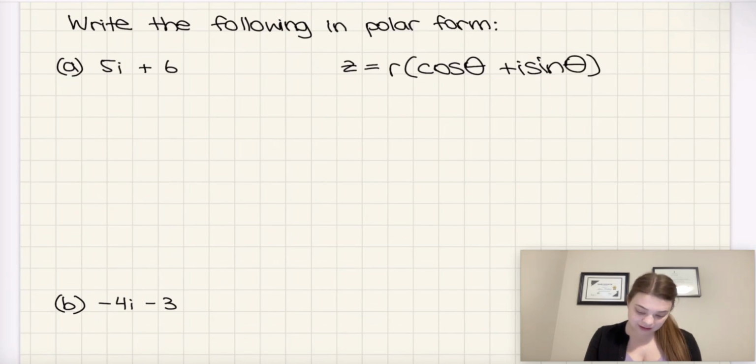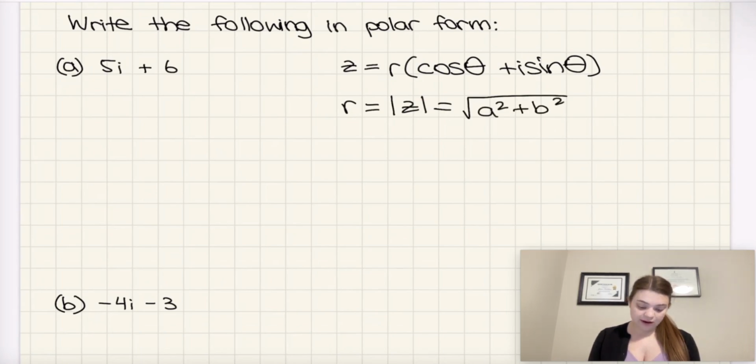Also, r, the radius, can be calculated by finding the magnitude of z, which is equal to the square root of a squared plus b squared, where the complex number, whatever complex number we're doing, is written in a plus bi form.